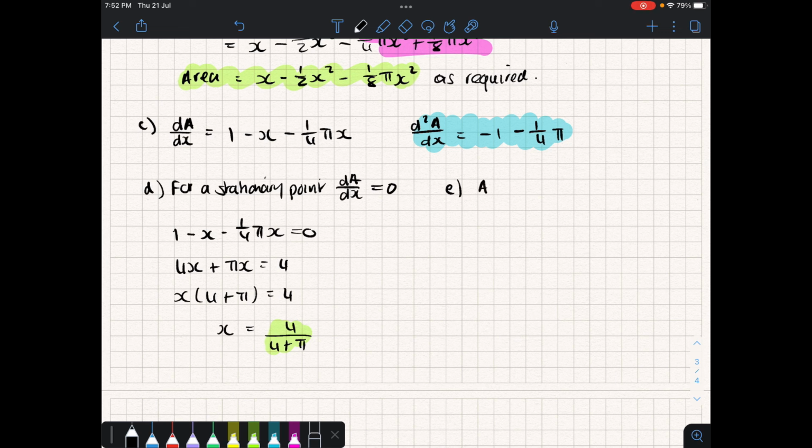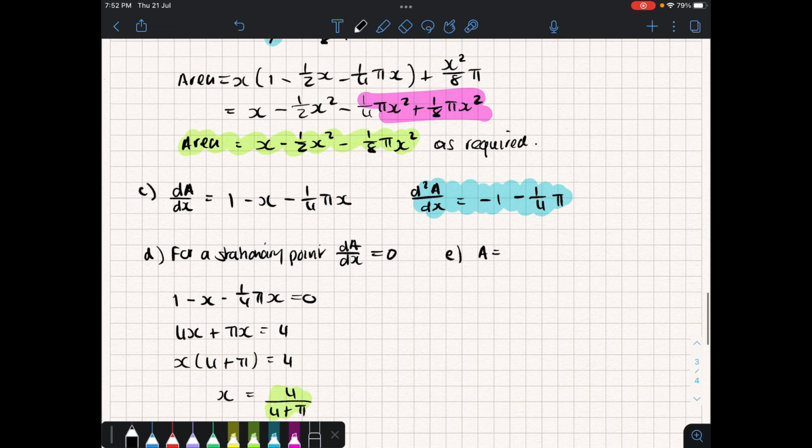So area would be equal to x, which is 4 over 4 plus pi, minus 1/2 of (4 over 4 plus pi) squared, minus 1/8 of pi times (4 over 4 plus pi) squared.